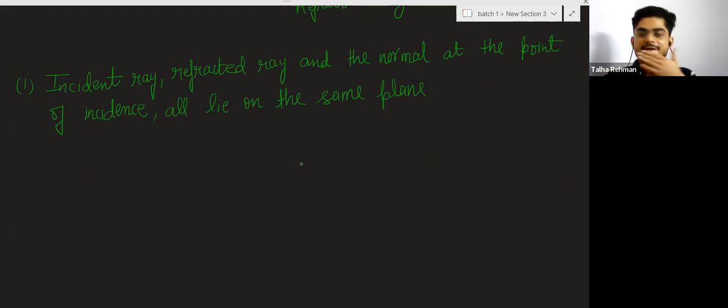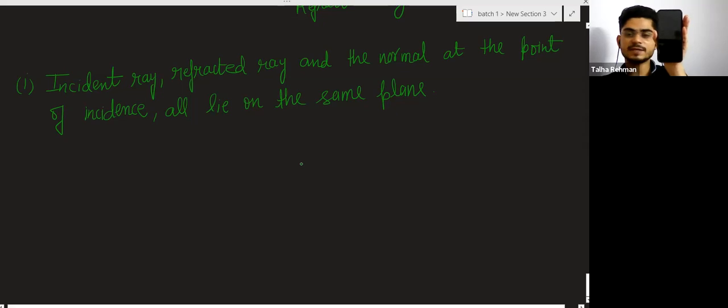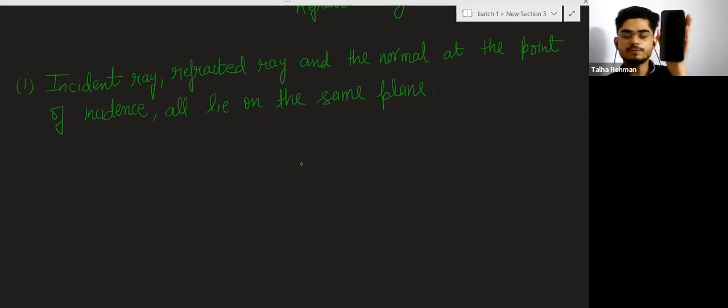So what is the meaning of this statement? This is a plane. You can imagine a plane like the page of your copy and the front side of your phone.